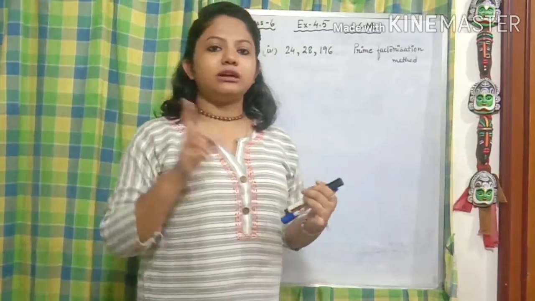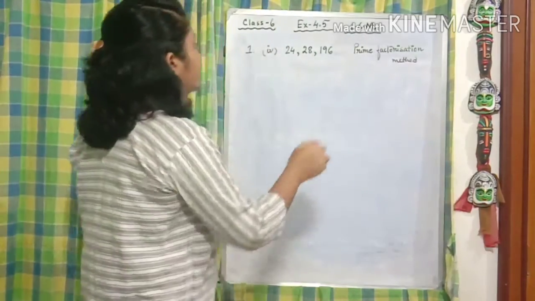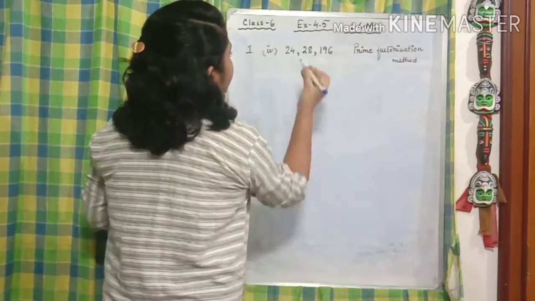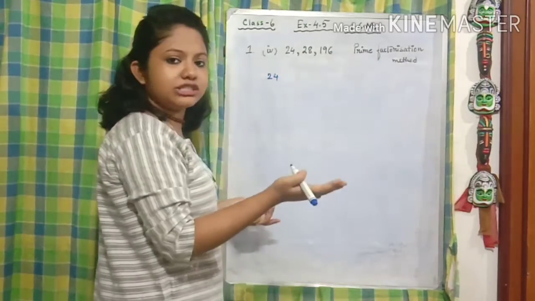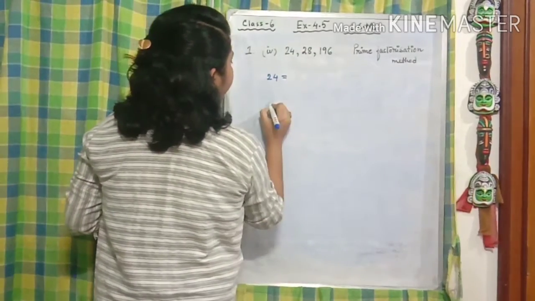Now as the sum is about the lowest common multiple, let's start with the first one, 24. We already know the prime factorization method, we have already learned it before, so we are going to do it directly.